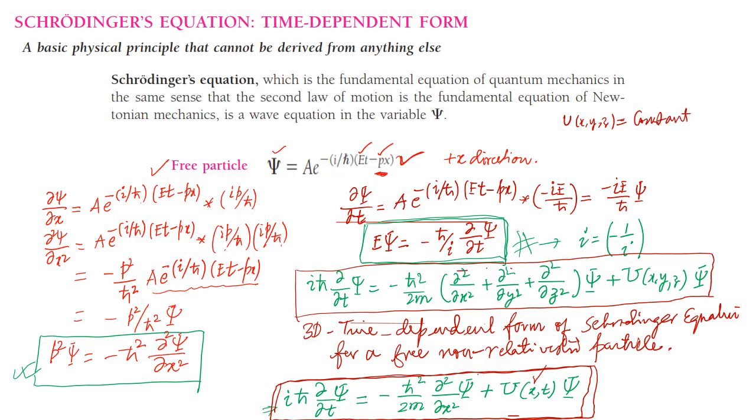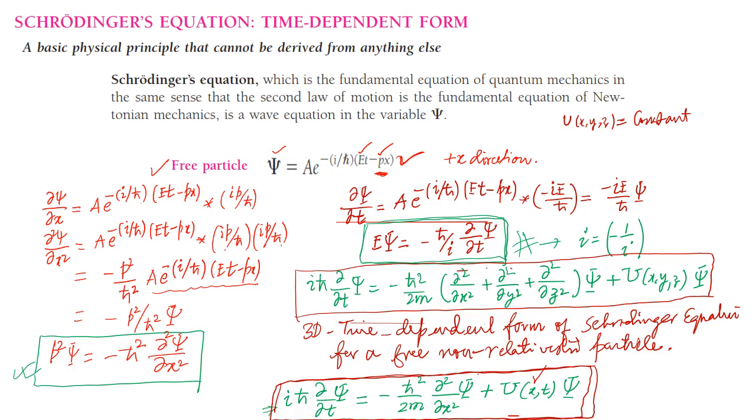The potential is related to the force acting on the particle, so if the potential is constant, then no force is acting on the particle. So the particle is free, there is no restriction.